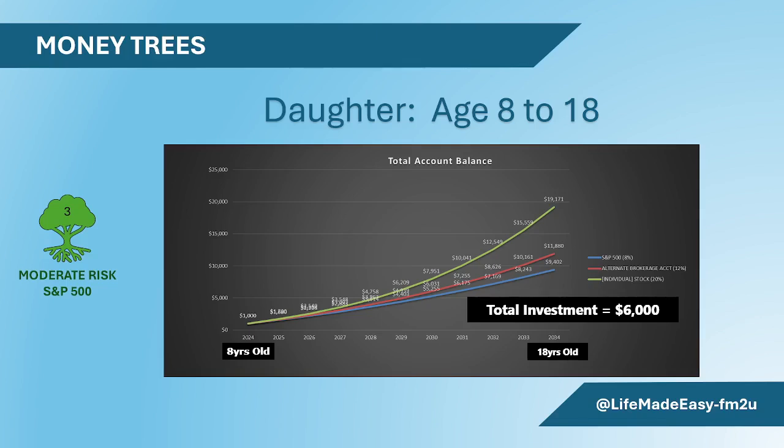So if I put $1,000 in a brokerage account for her at the end of this year, and then deposit another $500 at the end of each year starting in 2025, I would have a total investment of $6,000 in 10 years, but have an account balance of over $9,000 for her to continue growing. Now that will be a great graduation gift for her.